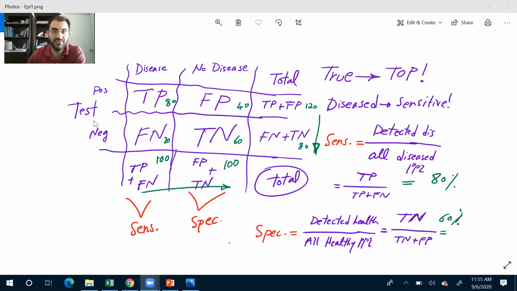TN comes here: true negative. If all these are negative and this is true negative, then this one should be false negative.